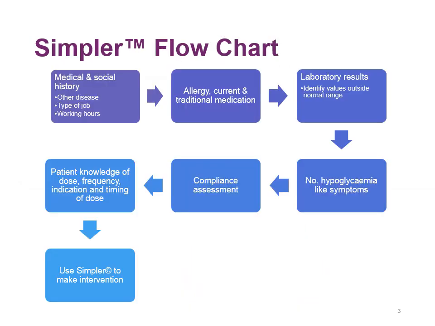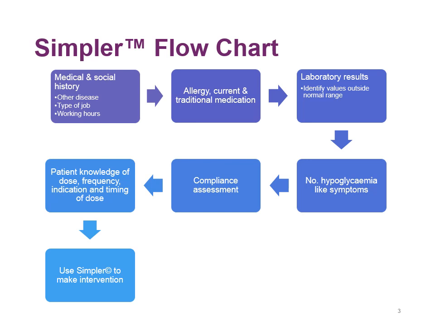Before using the Simpler tool, there are certain steps you need to go through before applying the tool. Basically, the tool is there to help you investigate the reason a patient is not achieving the glycemic, blood pressure, or cholesterol targets. The first thing we should be doing is to get a medical and social history of the patient.